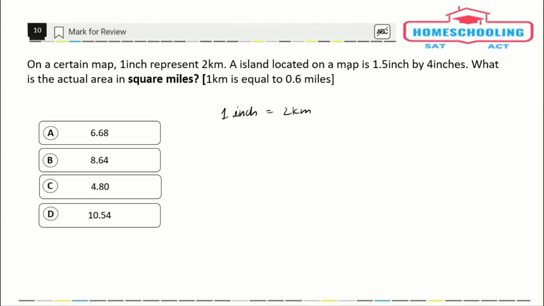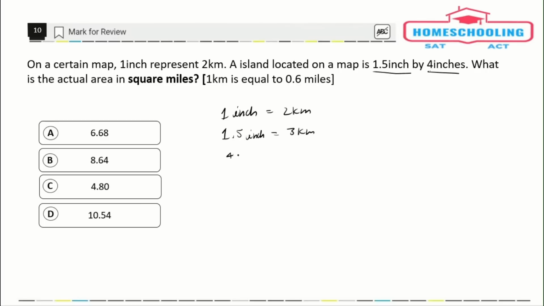An island is located on the map, and the area of that island on that particular map is 1.5 inch into 4 inches. So if 1 inch is equal to 2 kilometers, how much would 1.5 inches be? 1.5 into 2, that would be 3 kilometers.